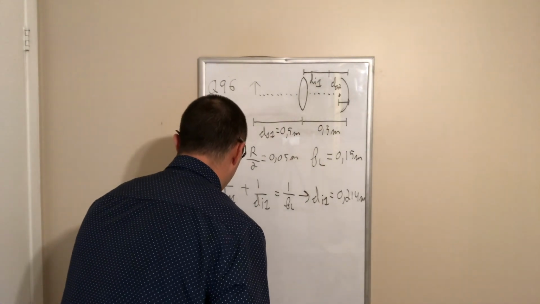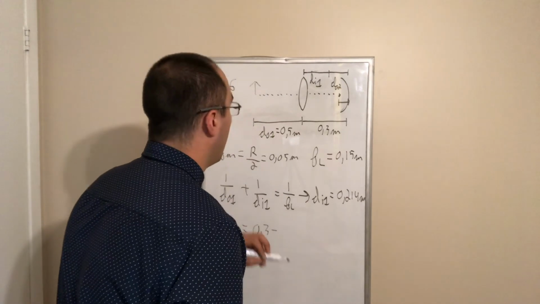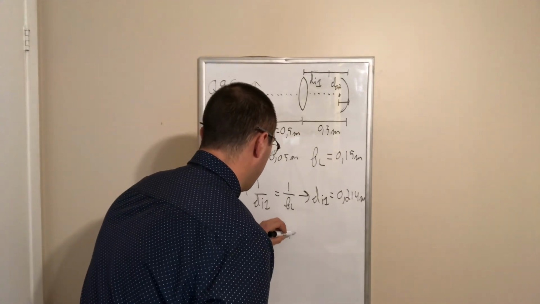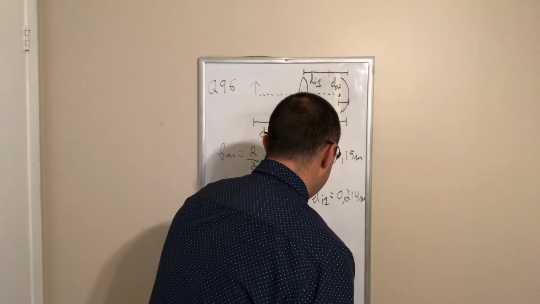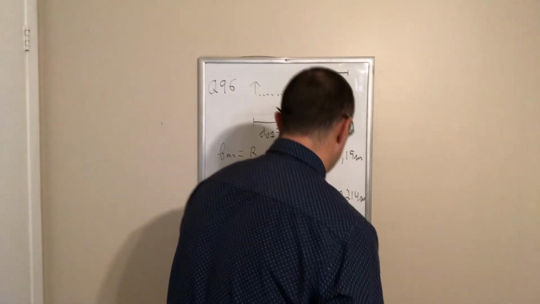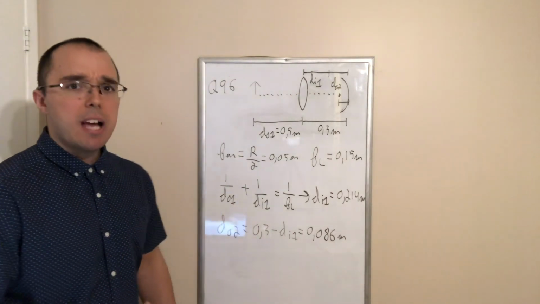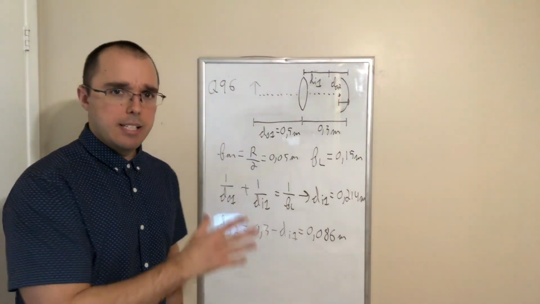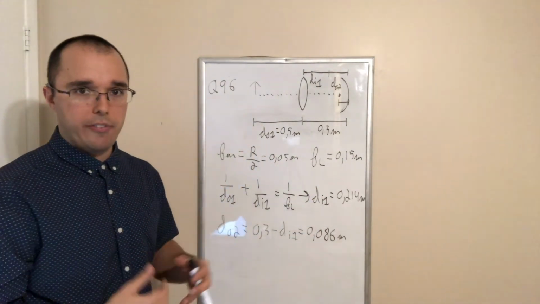So that's exactly what we're going to do. And we get 0.086 meter or 8.6 centimeter. All right, so that's our first step. Take a moment to write down this information. I need to erase everything to get to the second part of this problem here.